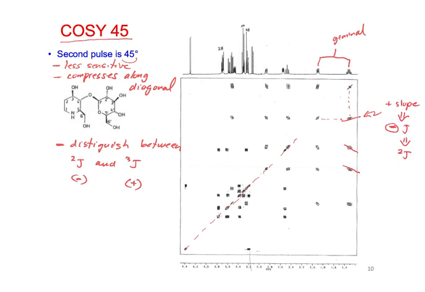Okay, if you can see this well enough, we can look around, and not all of them show a lot of slant, but I would say that this one here also has a positive slope. And so that means that this one and this one are also geminal.